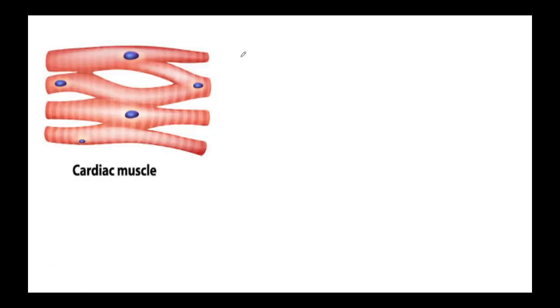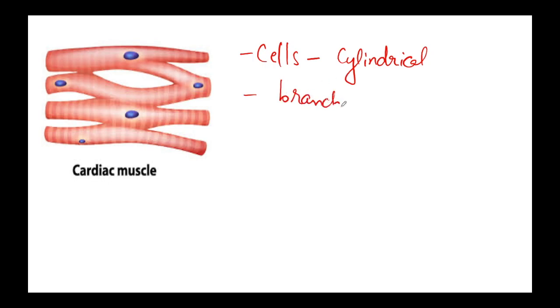Next type of muscular tissue is cardiac muscle. The cells of such muscles are cylindrical. The muscles are branched. Yes, we can see the branches are present here like this, like this.